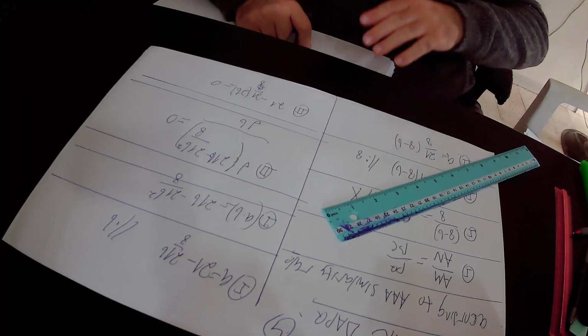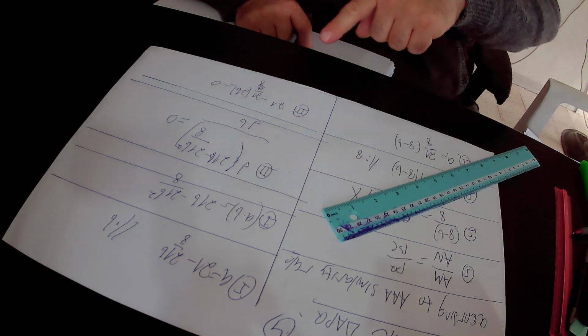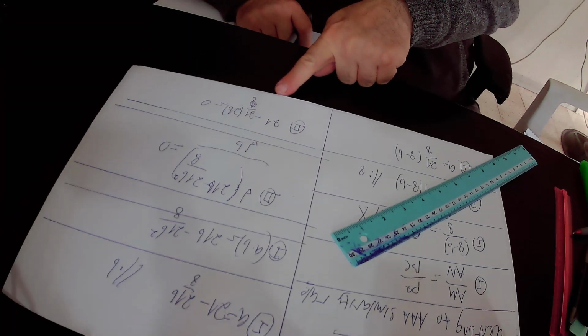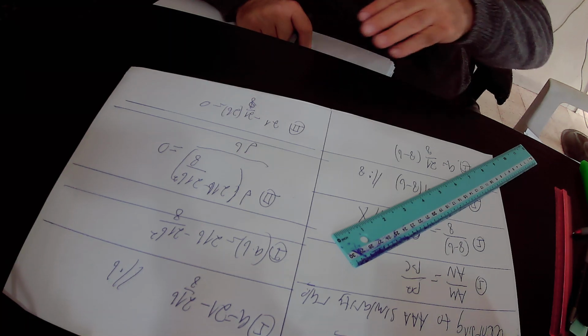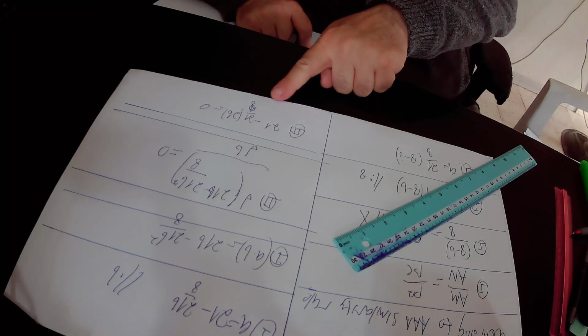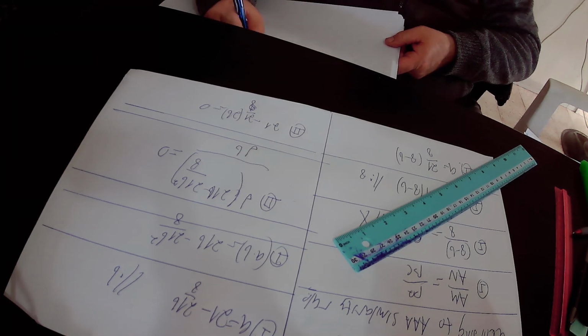So we found that the derivative of this function area, 21B minus 21B squared over 8, equals 21 minus 21 over 8 times 2B, and it is equal to 0. So here we take 21 as a common factor out of those two expressions.